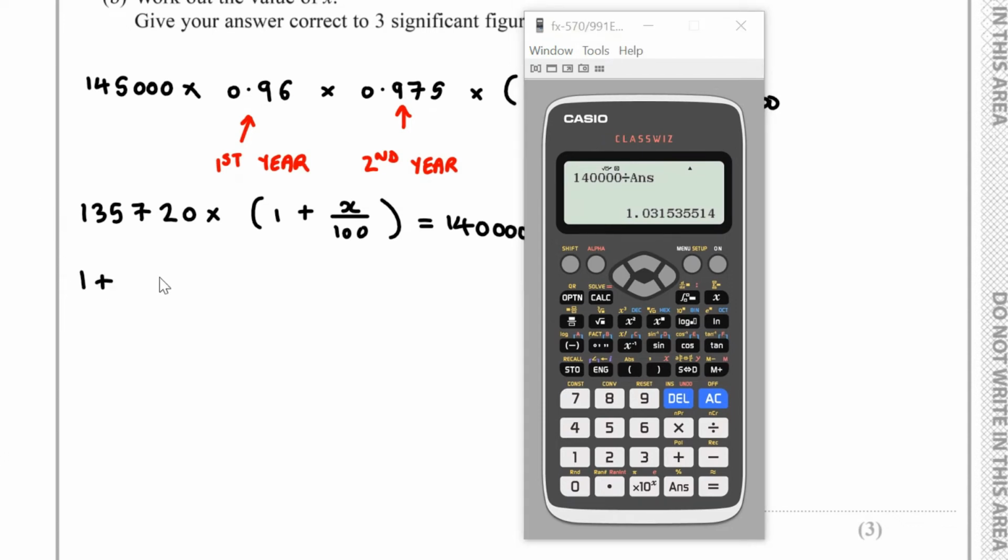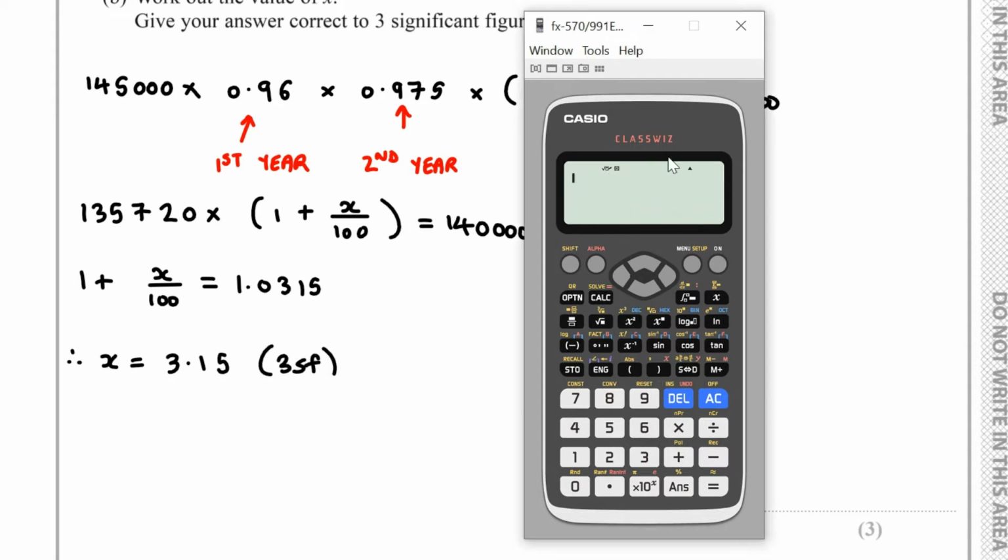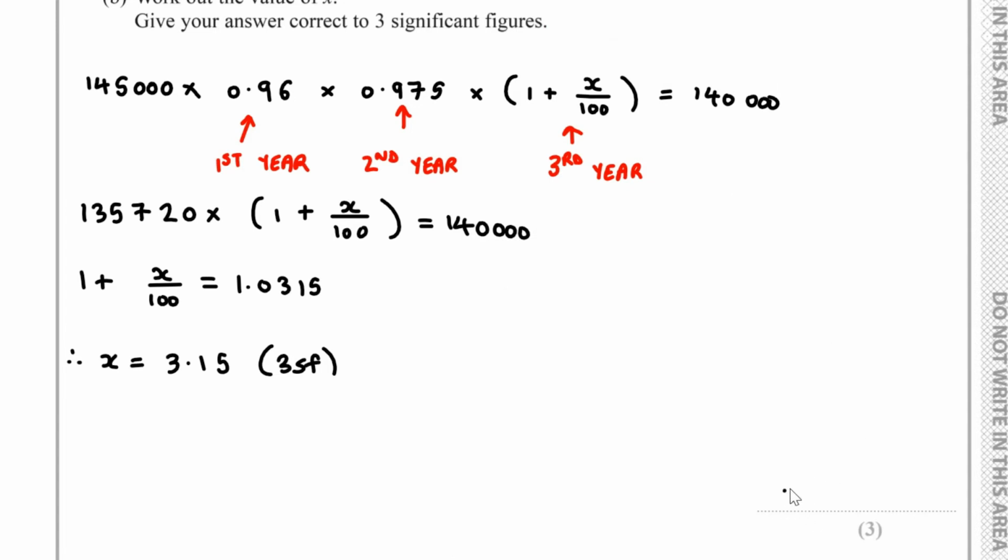So I've got 1 plus X over 100, which is equal to 1.0315. And if I rearrange for X, if I subtract 1 and then multiply by 100, you can see X is equal to 3.15 to 3 significant figures.